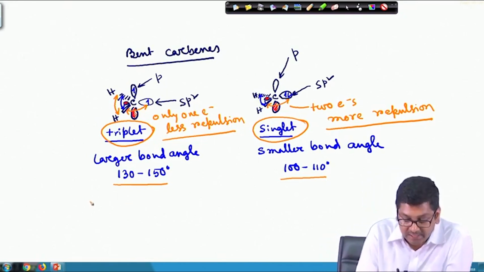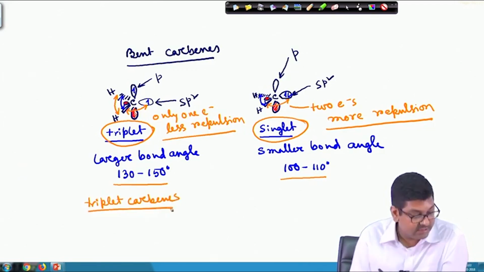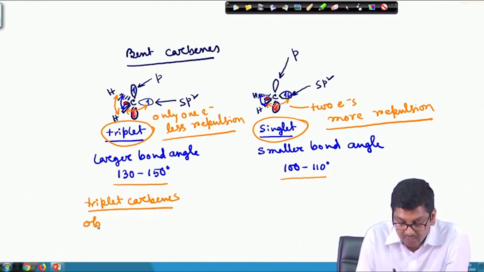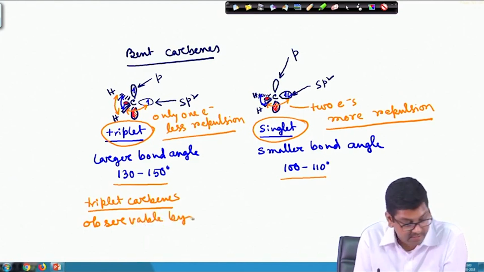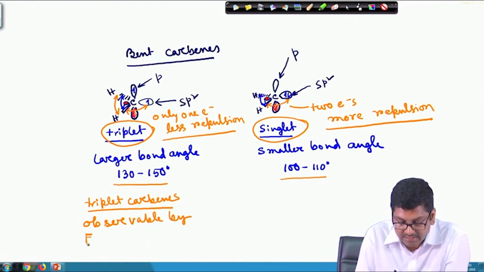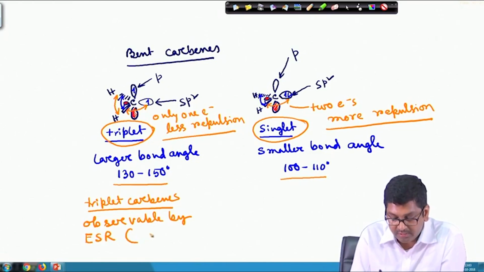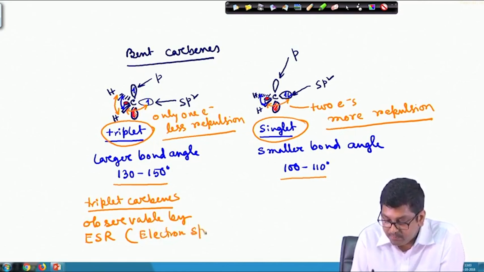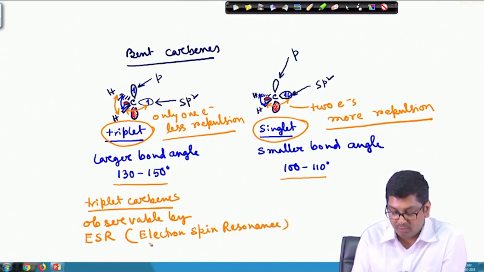Okay. So, triplet carbenes are actually observable by ESR, electron spin resonance spectroscopy.